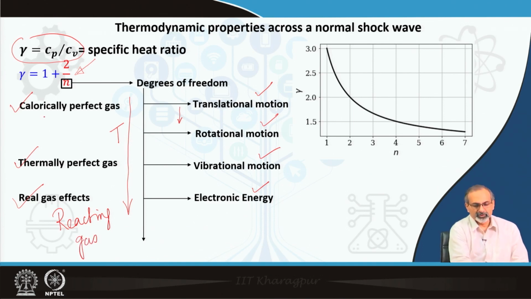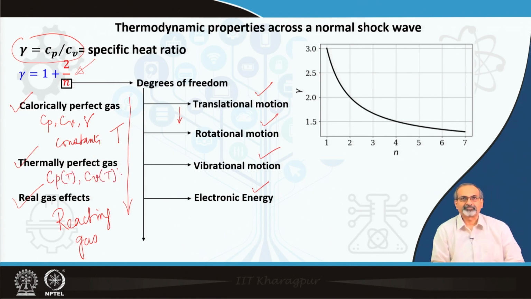Calorically perfect gas, of course, we recall that Cp, Cv, gamma are all constants, while in a thermally perfect gas they are functions of temperature. When we discuss statistical thermodynamics or microscopic thermodynamics, we would be able to deal with these things in further detail.